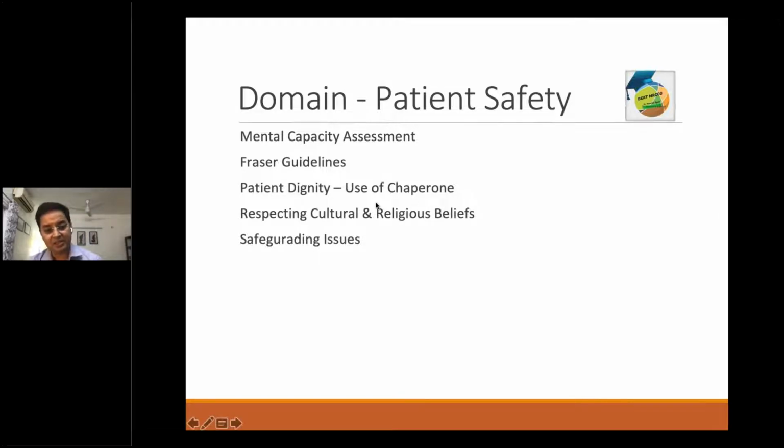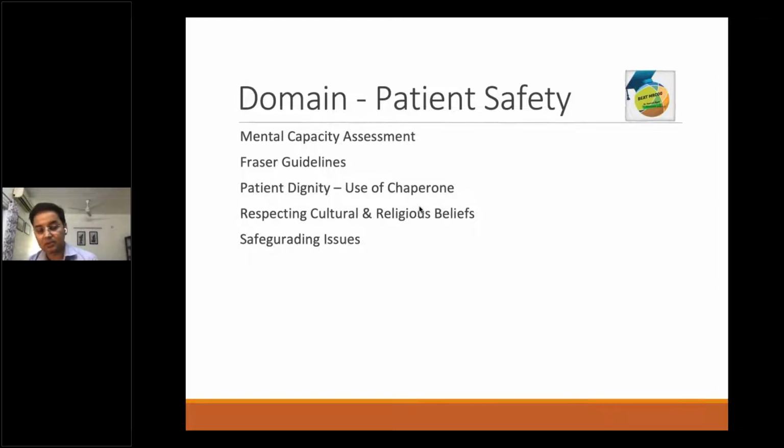Another feature of patient safety is respecting patients' cultural and religious beliefs. A glaring example that is always given is Jehovah's Witness. We know they won't accept blood or any blood product from a donor, even if it means death. But then you have to respect the autonomy of the patient, so you have to establish beforehand what they will accept.